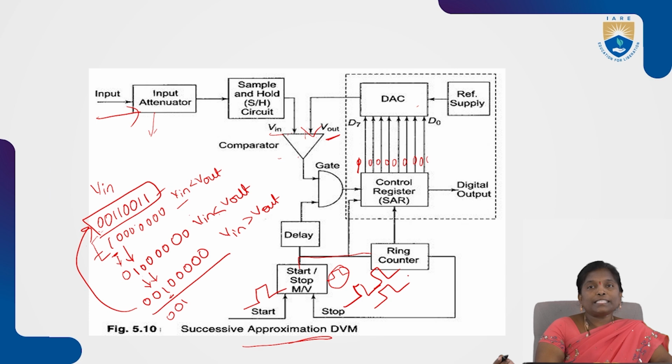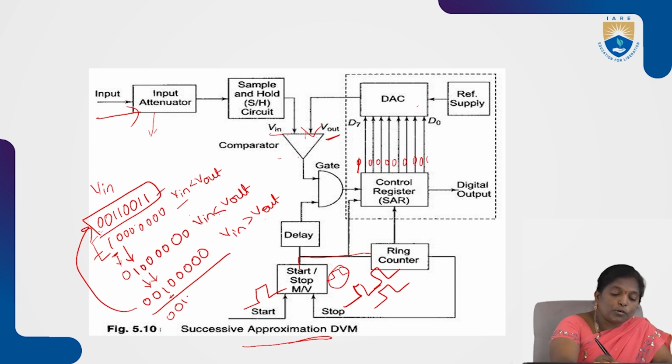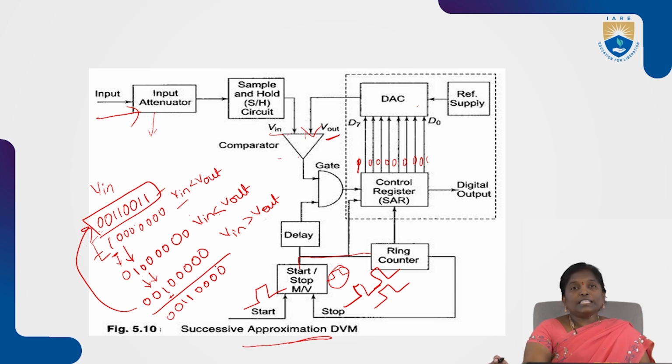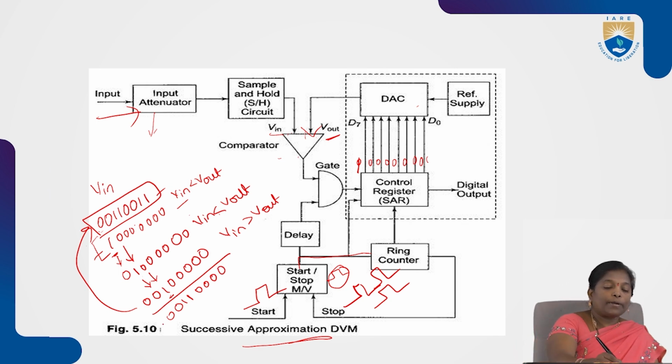If we apply the next clock pulse, the next bit position is also equal to 1 and then the remaining bits are 0. Now, in this stage also, we need to compare the input signal with the output signal.